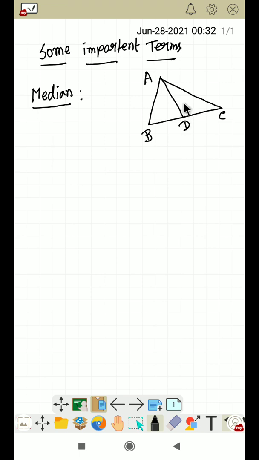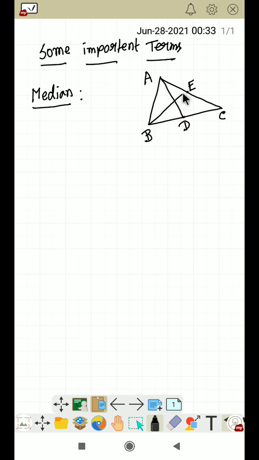That means what is median? The median of a triangle corresponding to any side is the line joining the midpoint of that side with the opposite vertex. That means whenever you find the median, if you take any side, suppose you are choosing the AC side, firstly you have to find the midpoint of AC, and join the opposite vertex.